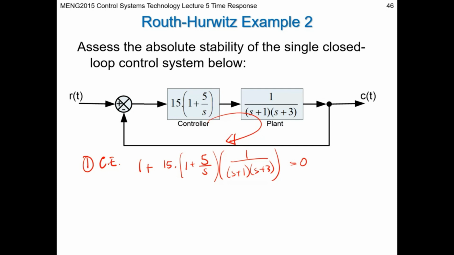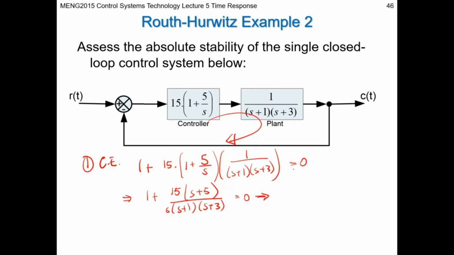Okay, so if we multiply it out, we're going to get 15 times s plus 5 on the numerator. So we're just multiplying out by the s basically, over s into s plus 1, s plus 3, equals 0.